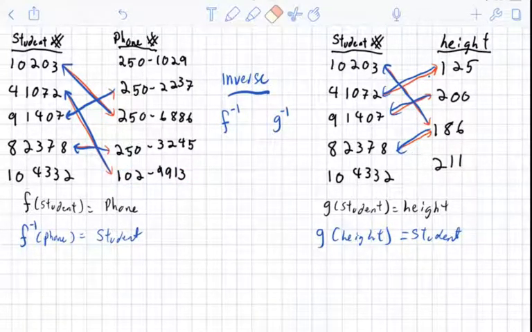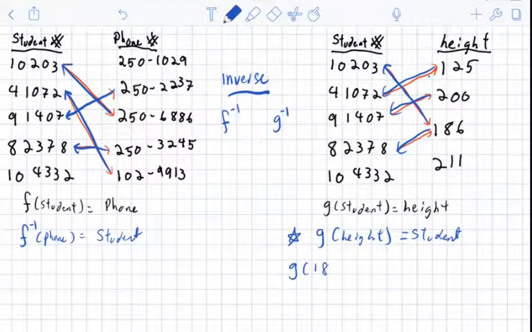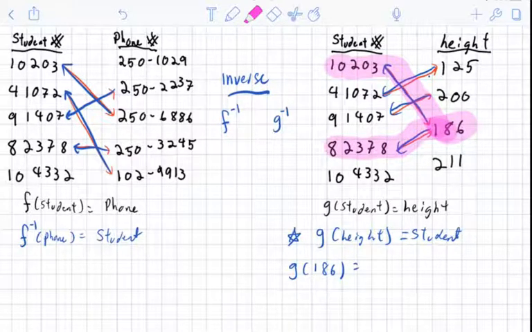Why can't I do it with one and not the other? Well, the answer is that it works for the most part. Except for, what if I plug in 186, that height? You start here and you go, oh, wait, which answer is it?